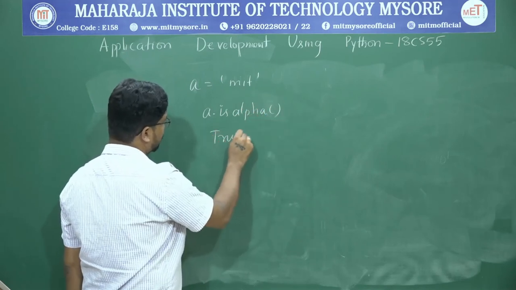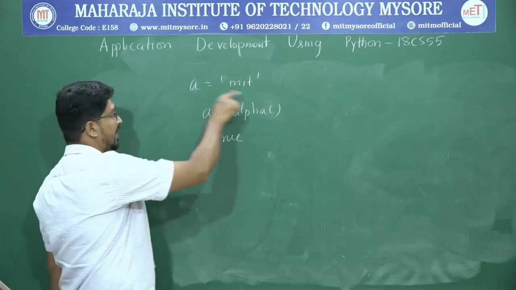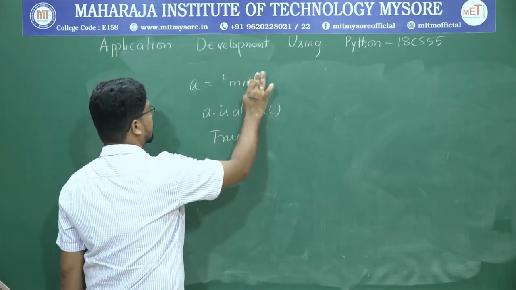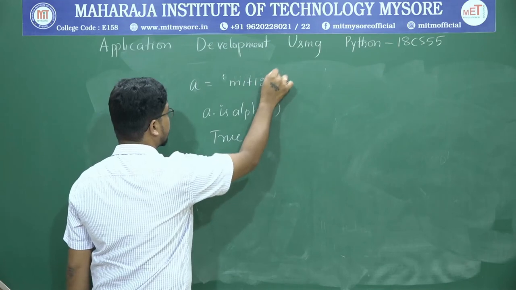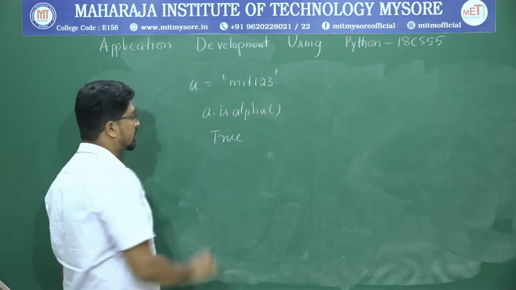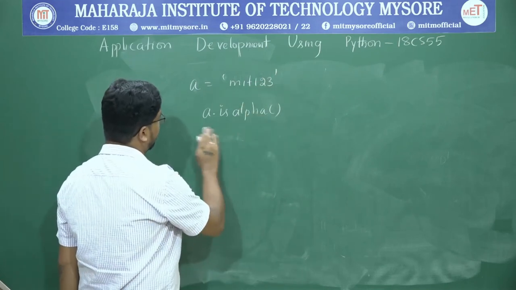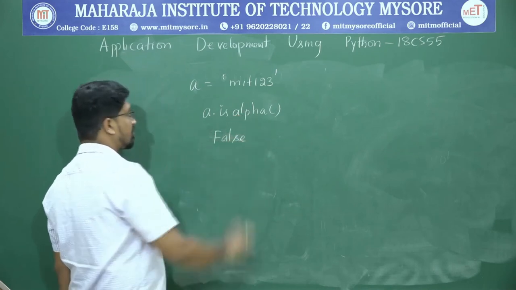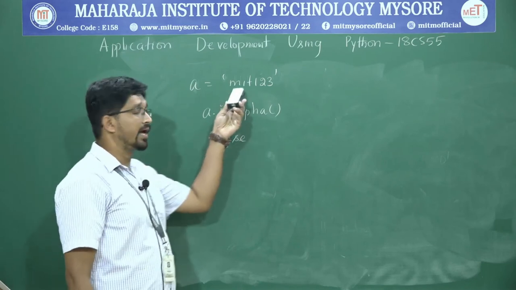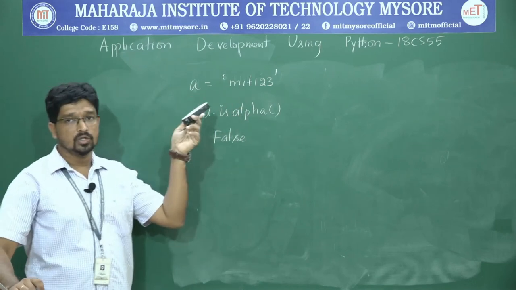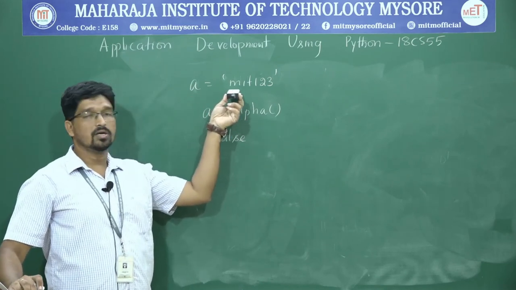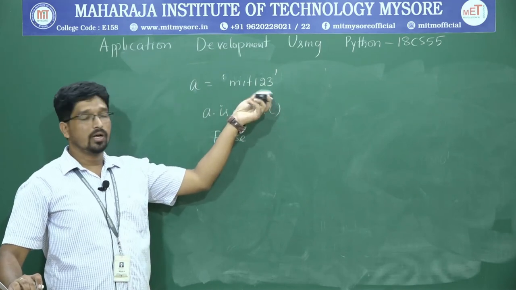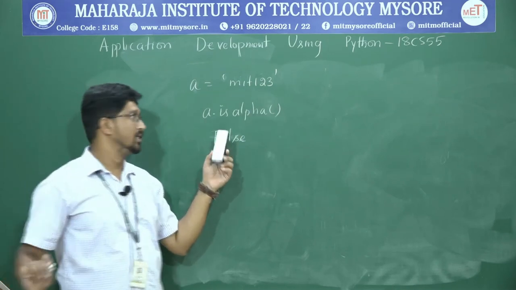You will get true as a result because all the characters are letters. If you say MIT123, then you will get false as a result because the string contains numbers also, numeric also. It contains letters and numerics, so you will get false as a result.